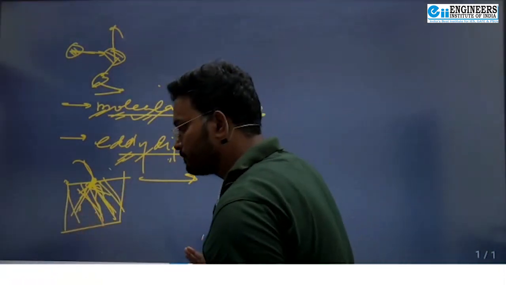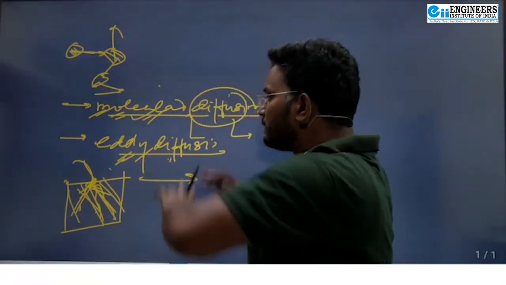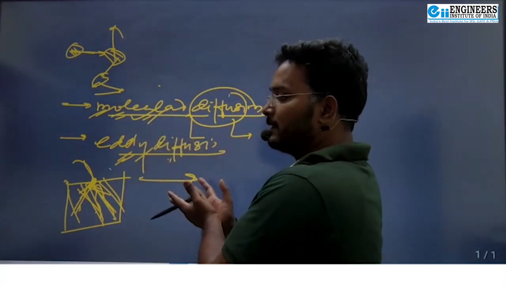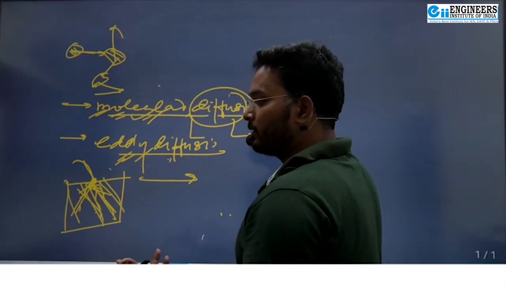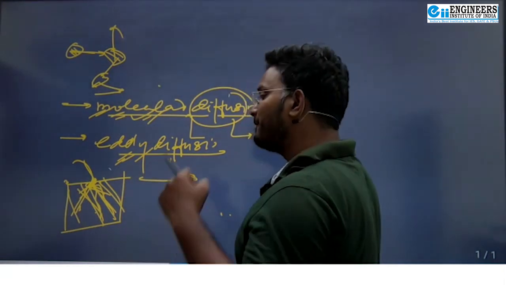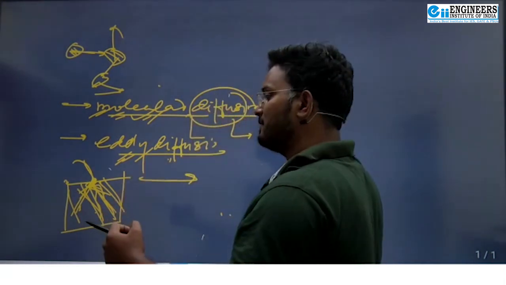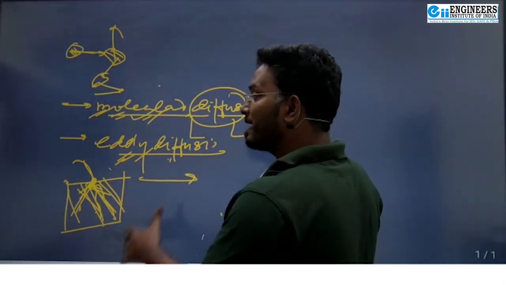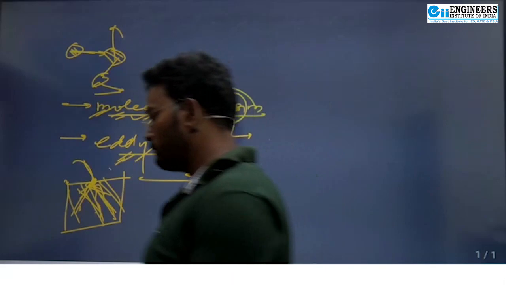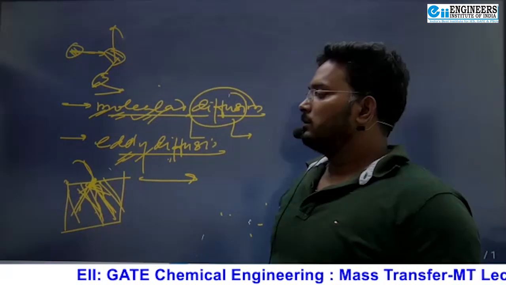That is a different thing. But when bulk flow is associated, the total rate of mass transfer of each species is going to be either increased or decreased. And that is called the third mechanism of mass transfer. Clear? Write down.